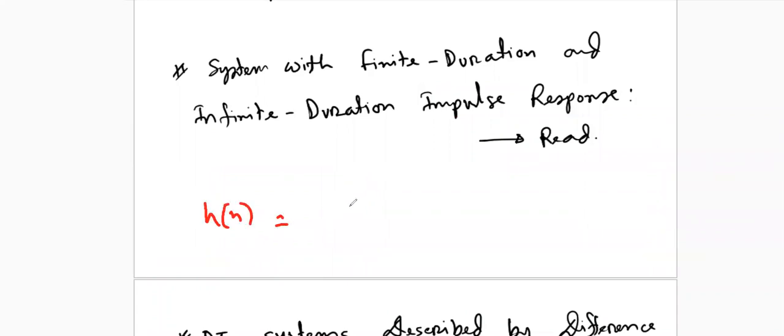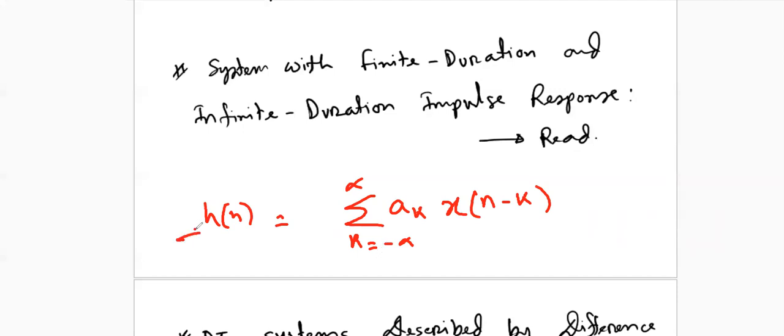We have the value from, let's say, a_k, k is from minus infinity to plus infinity, and x[n minus k]. That means you have a lot of values which start from minus infinity to the plus infinity.